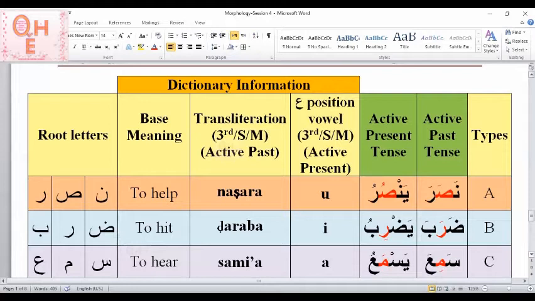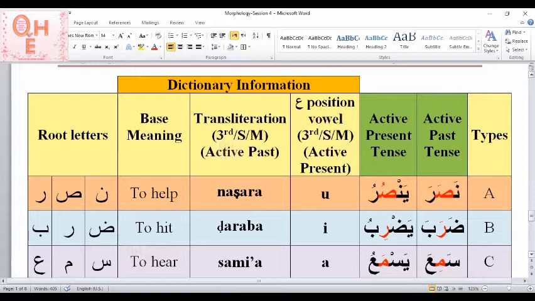For example, for noon, sod, ra, letter N stands for noon. Letter A stands for fatha. So NA gives me noon fatha. Letter S, this is a special kind of S, like a regular S with a dot. That stands for sod in the dictionary. So this special S and A gives me sod fatha.